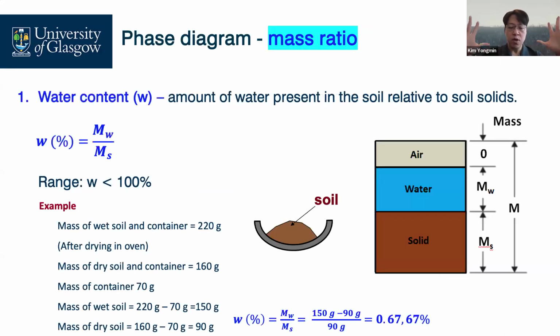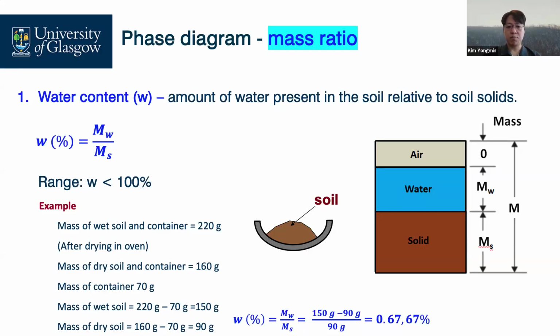Now let's move on to mass related ratio. Mass meaning we can weigh it, right? Water content is the ratio of mass of water to mass of soil.